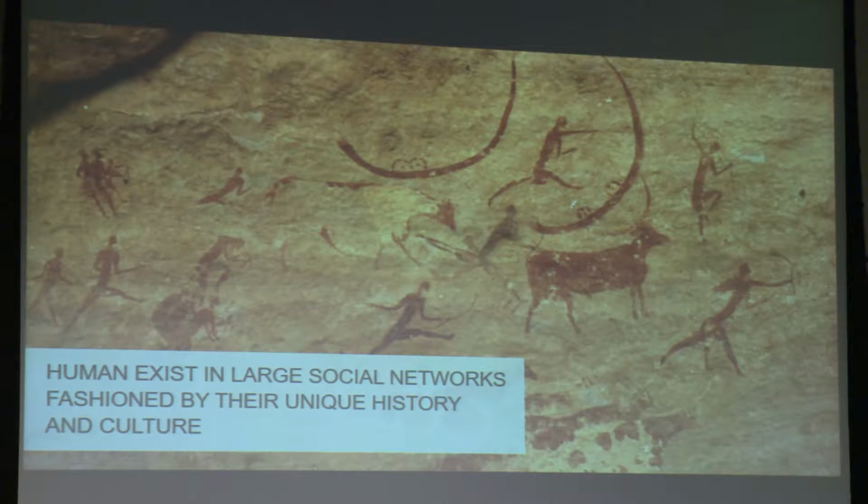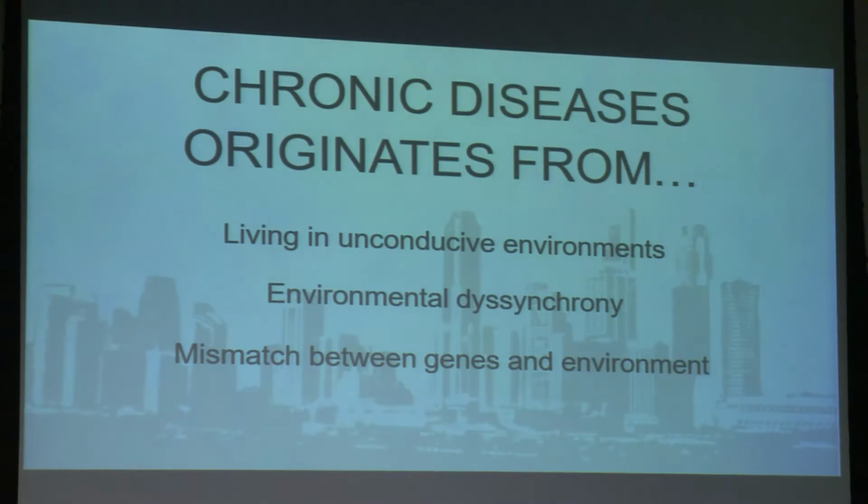So it is not a simple task, perhaps even more complicated than decoding the genome, to understand the human environment and how it affects the manifestation not only of our genes, but also of our health and disease risk. Diseases can arise in the context of environmental change because we are living in environments that are not conducive to our genetic origins.